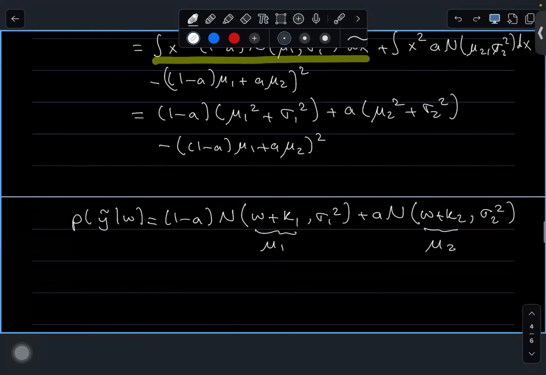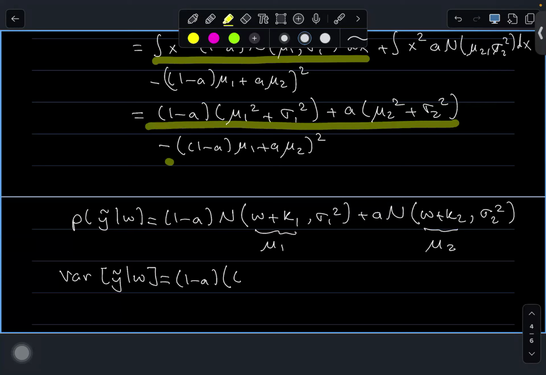All right. I just showed you how to find the variance of this. That's going to be 1 minus a times the mean. I take these variables and write them in terms of the problem that I have.